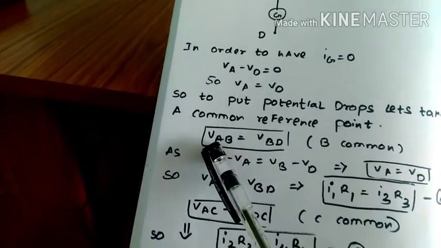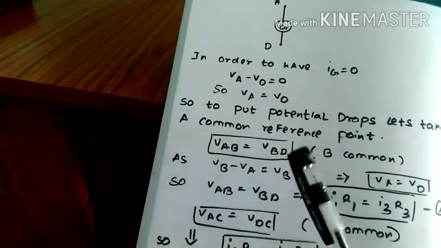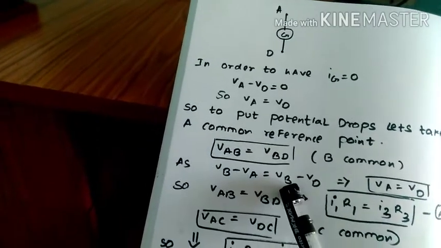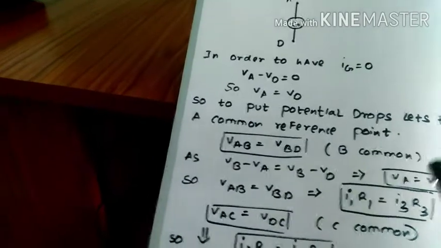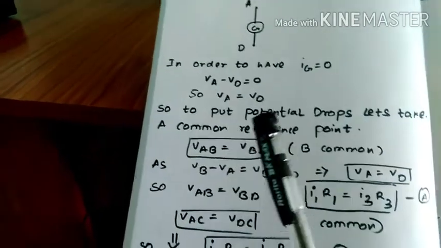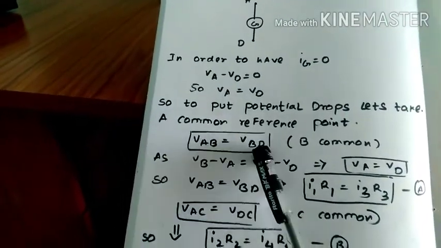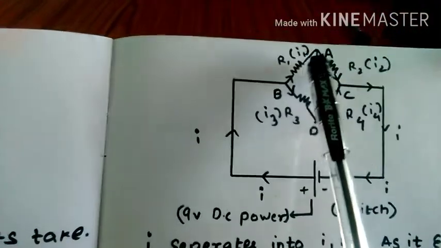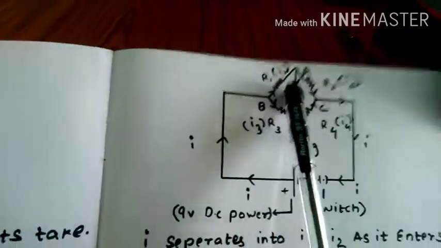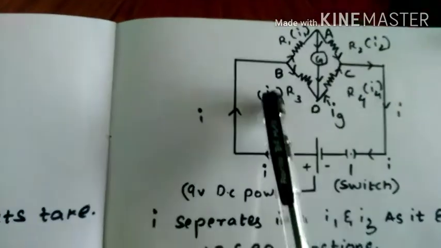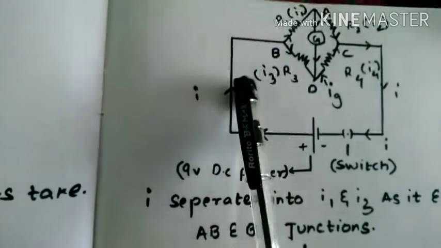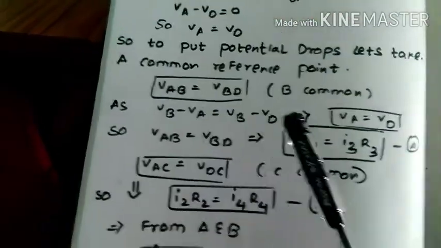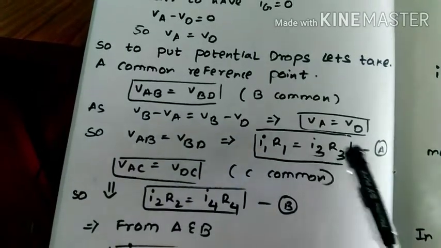So VAB is equal to VBD. As B is the common point, the potential at VB gets cancelled and we arrive at the same equation. As we can see, VAB is the potential drop on this resistor, that is I1 R1, and VBD is the potential drop on this resistor, that is I3 R3. So we get I1 R1 is equal to I3 R3.